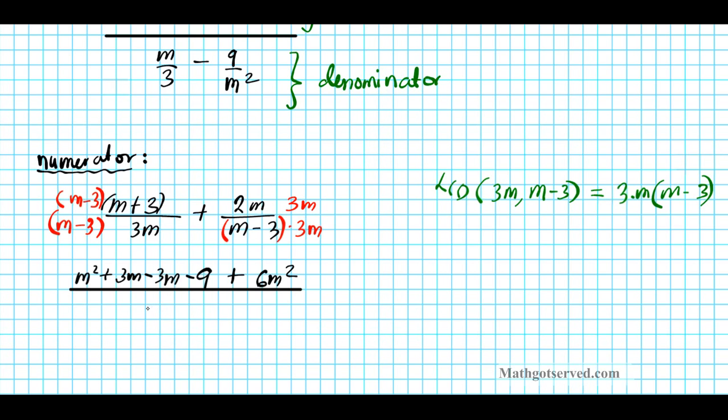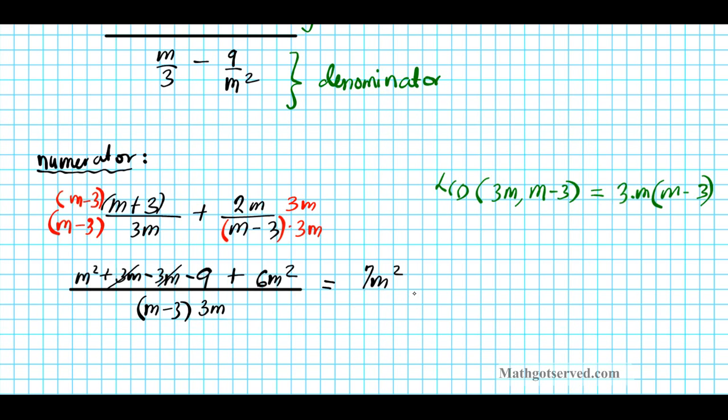Okay, and then the denominator will have m minus 3 times 3m. Okay, let's go ahead and simplify this. In the numerator, we can combine m squared, 6m squared, and m squared, they're like terms. So if we combine those, we are going to have 7m squared, and then we can combine plus 3m minus 3m, which are opposites, they add up to 0.